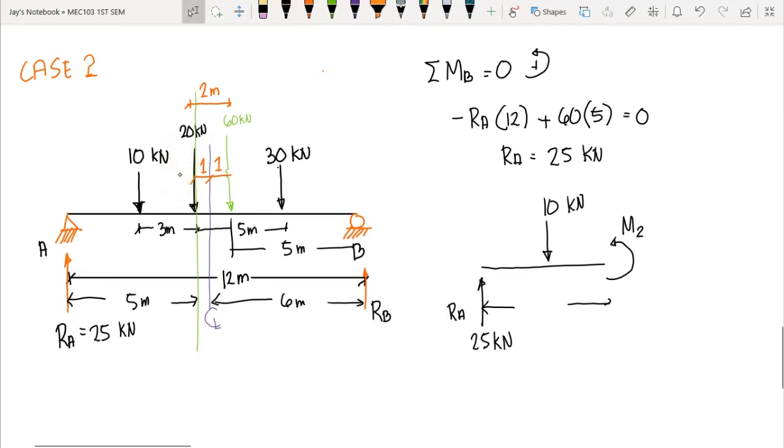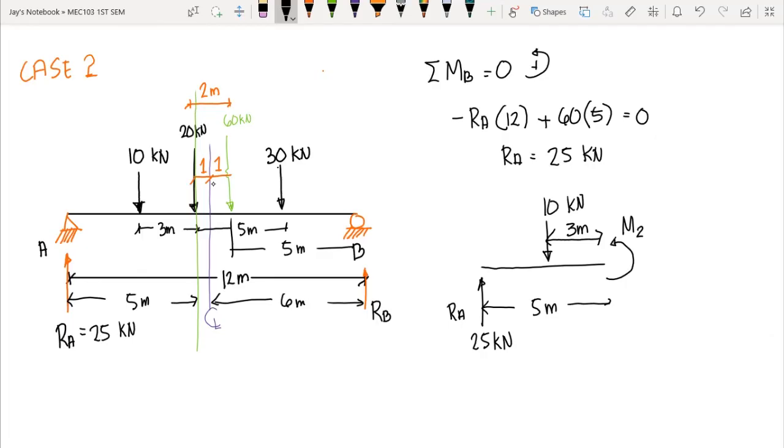So therefore, we have 6 minus 1, and that would give us 5 meters. This one is 5 meters. But we need to determine the distance of moment 2 from 10 kilonewton load, since we have 3 meters distance from 20 to 10. So therefore, the distance here is 3 meters.